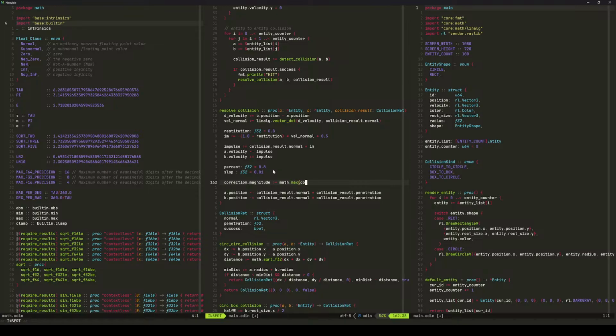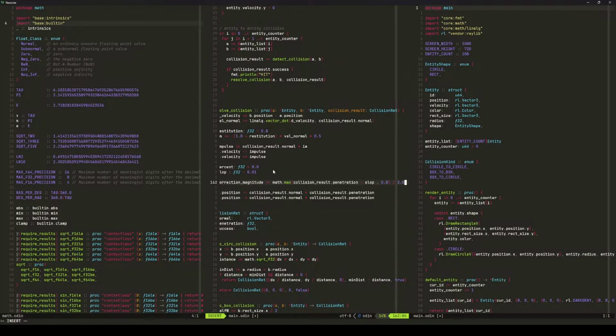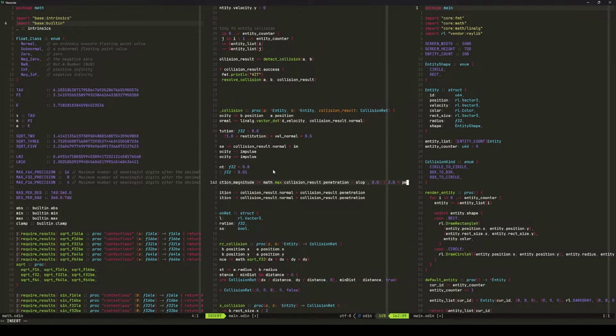Then it's collision results dot penetration minus slop, and then divided by percent.